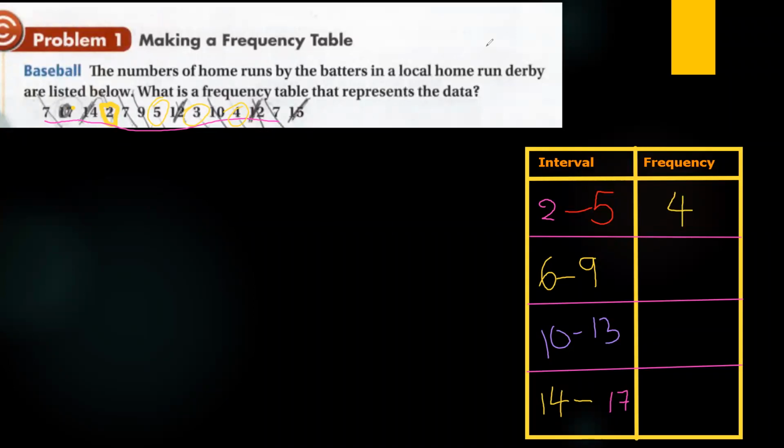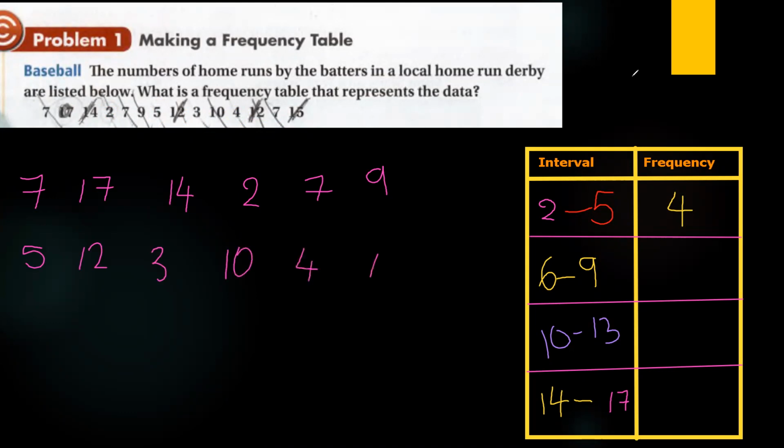Now, from 6 to 9, I want to rewrite the numbers here: 7, 17, 14, 2, 7, 9, 5, 12, 3, 10, 4, 12, 7, and 15.